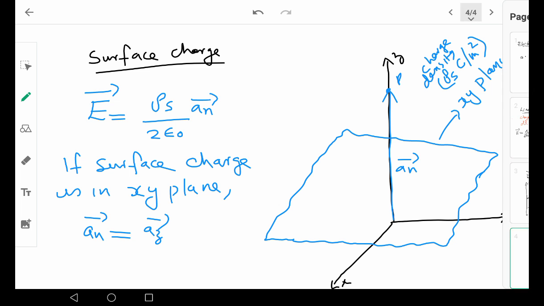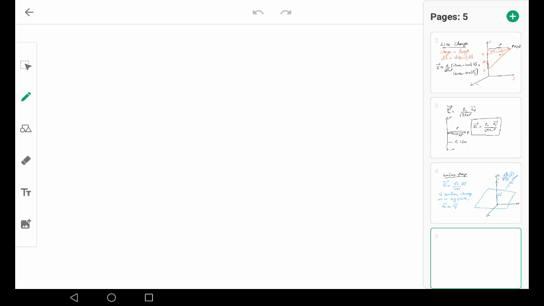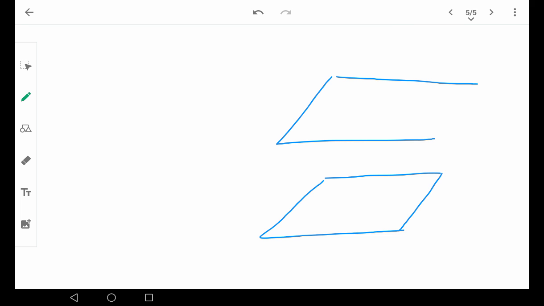We'll see another example. For example, I have a surface like this, an XY plane, and another surface also here. I have a point in between these two surfaces.